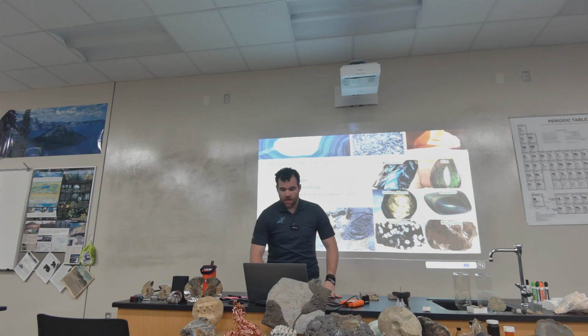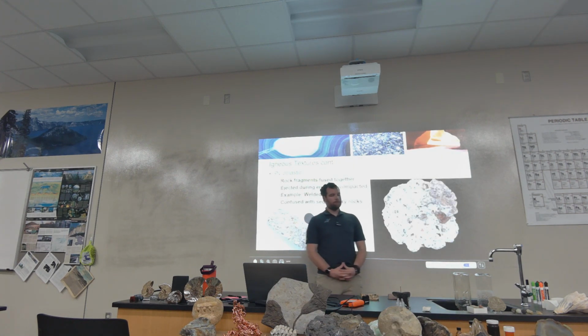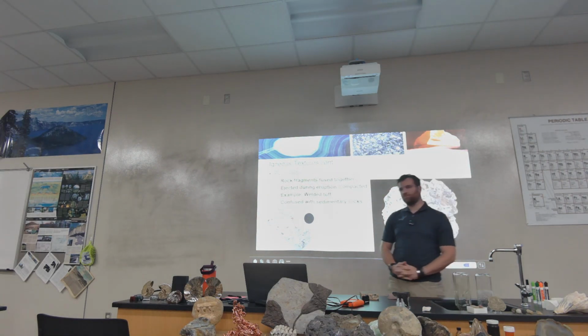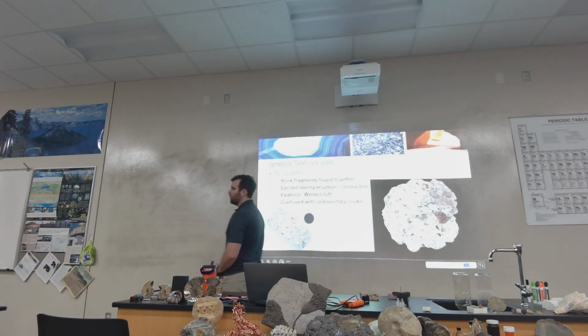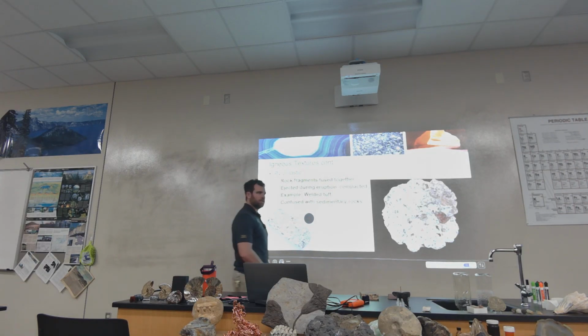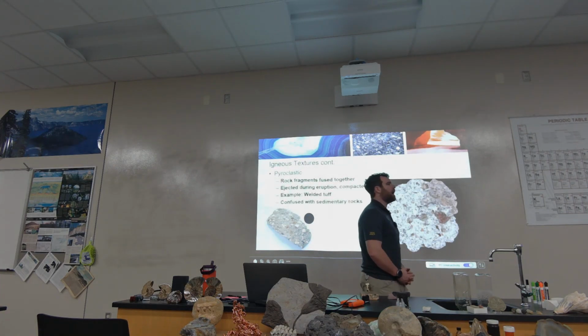Okay. Then you've got pyroclastic texture. Pyroclastic is the one exception to the rule that I told you before. I told you before that all igneous rocks are formed through the cooling of magma or lava, correct? I did tell you this. There is only one exception, pyroclastic rocks.